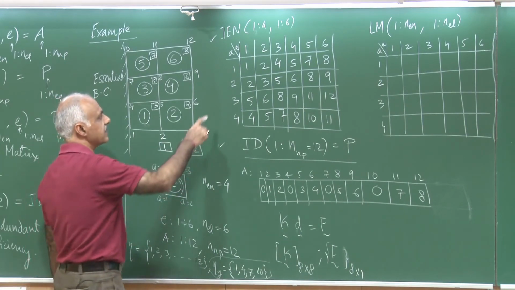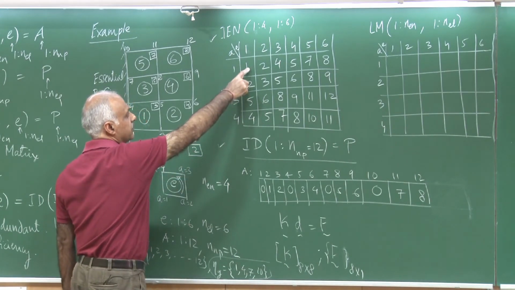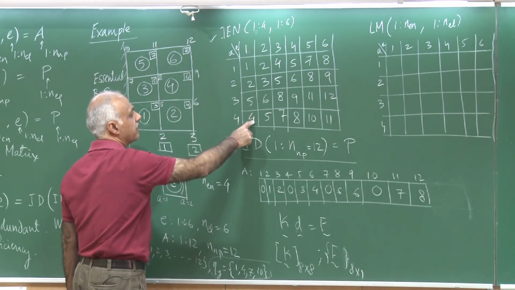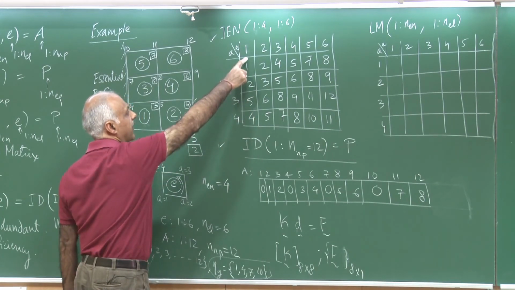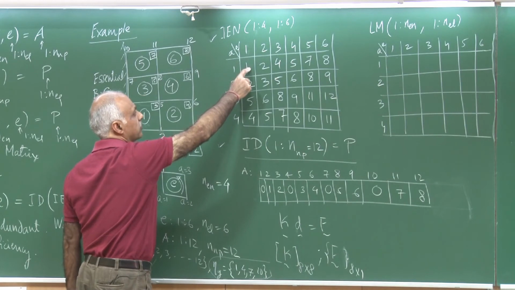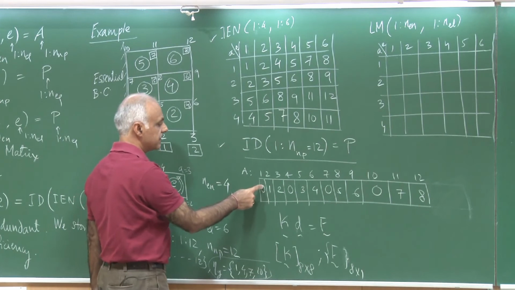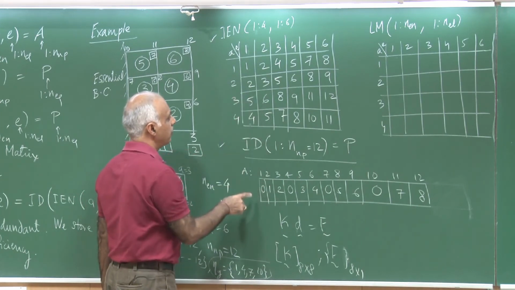I can do it in two ways. I can refer to these node numbers. I already know in the IN array my first element consists of nodes 1, 2, 5, 4, and then I can go here and see what the entries are.